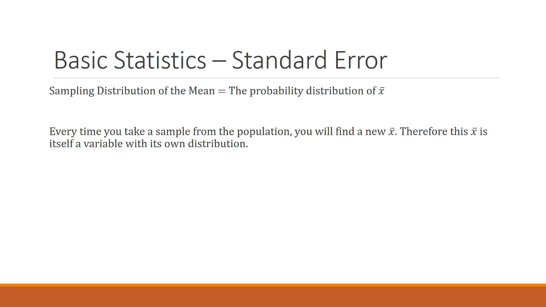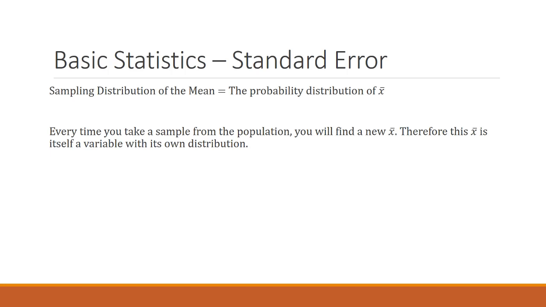But every time we go and collect a sample, that sample will have different characteristics. If we go to northern Ghana and collect a sample of 1,000 farmers, that sample of 1,000 will have a certain mean, a sample mean.